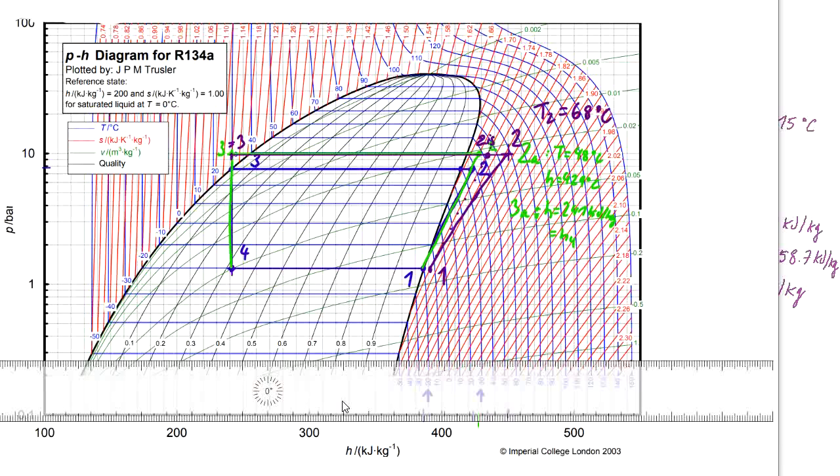Therefore, also the expansion to the point 4 will be within this diagram the same. In real, it should end up slightly left from the blue cycle.